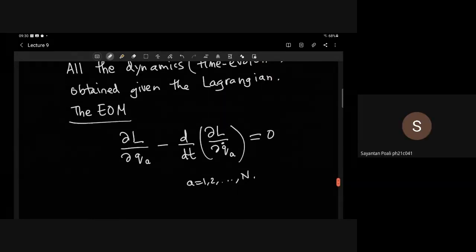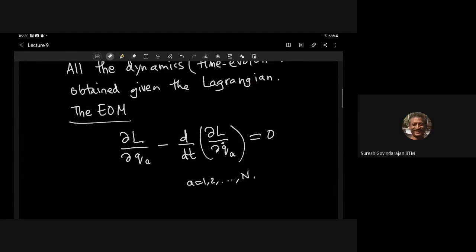Sir, how was the action integral chosen? Means how it was proven that the action integral would lead to Newton's law? How was that function, that Lagrangian, chosen? No, they knew Newton's laws already. It was from Newton's law.